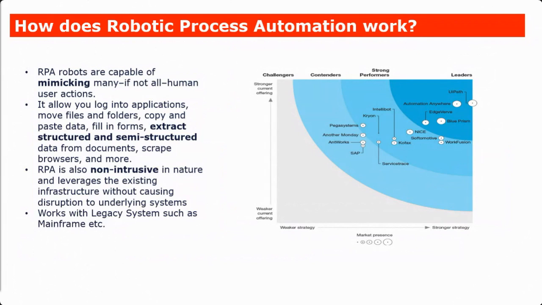But the one thing that you need to note is that RPA is working in a non-intrusive way. That means it's leveraging the existing infrastructure without causing any disruption to the underlying system. It's not making any changes and not asking for anything to change in the existing system for the automation to work.